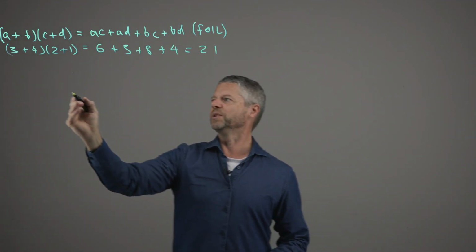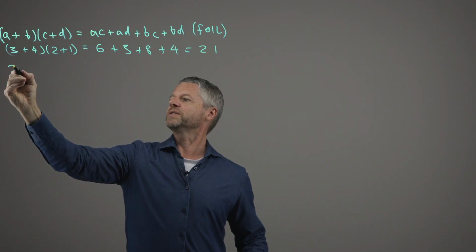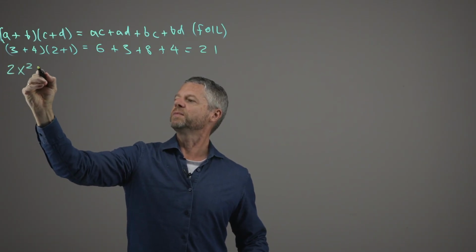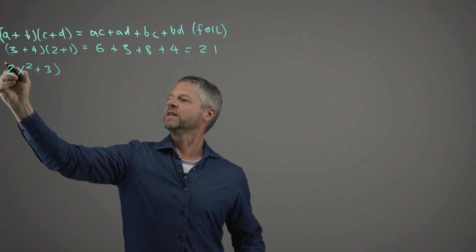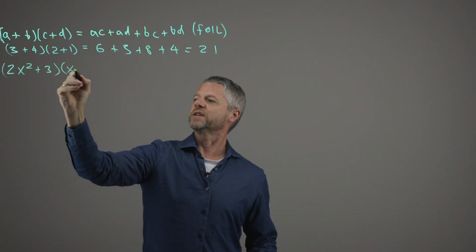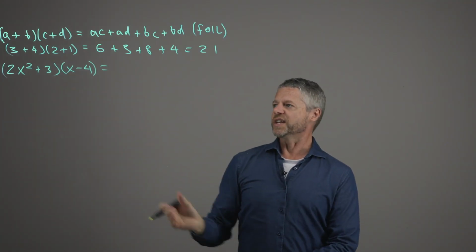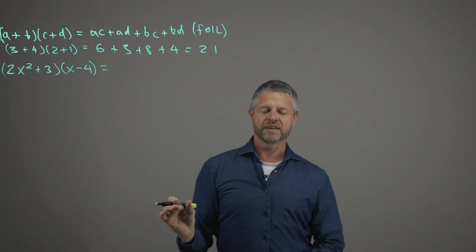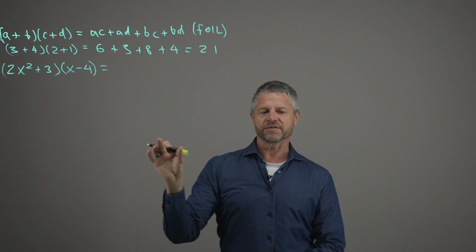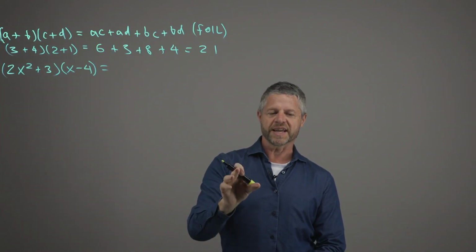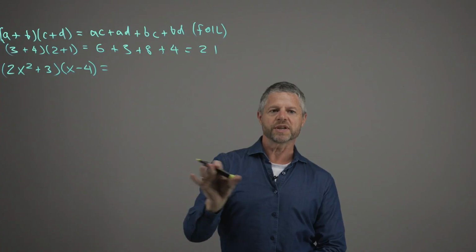So as an example, let's do 2x squared plus 3 times x minus 4. So the first terms here, 2x squared and x, multiply those together. So you have 2 times x squared times x, which is the same as 2 times x cubed.